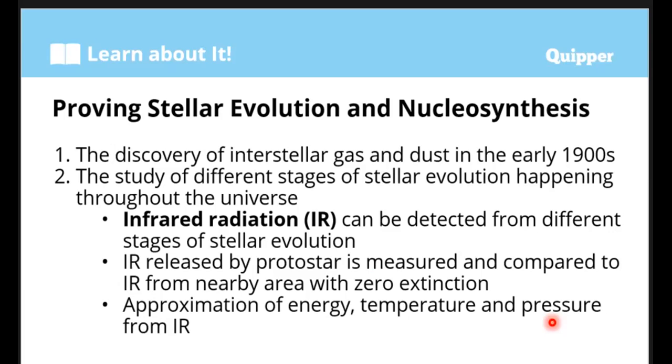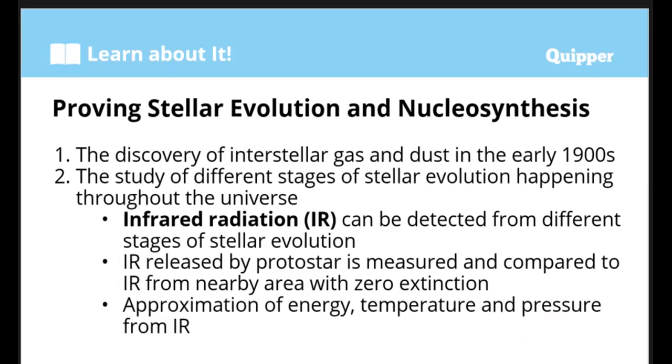It happens when astronomers notice different stages of stellar evolution, and from the looks of the star, they wonder why it is smaller or bigger in size. So they need to prove how it is already evolving, or transforming from one form to another, through the infrared radiation.